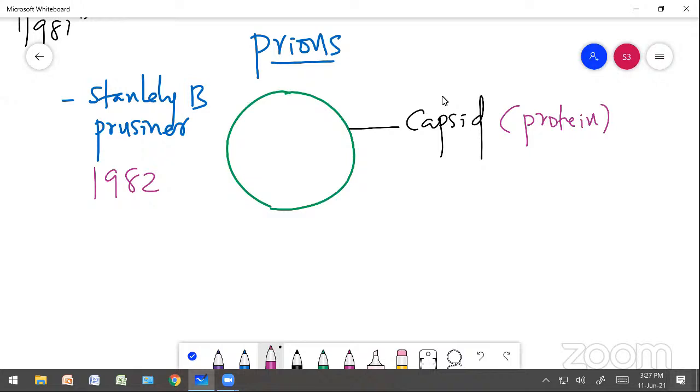So Stanley B. Prusiner was a scientist who discovered prion. Actually, prion was discovered by Prusiner as a capsid, as a proteinous substance, as enveloping or outer covering only, discovered by Stanley B. Prusiner in the year 1982.